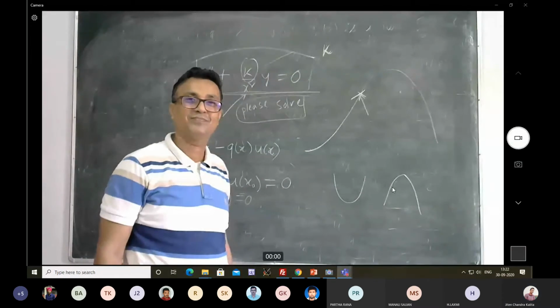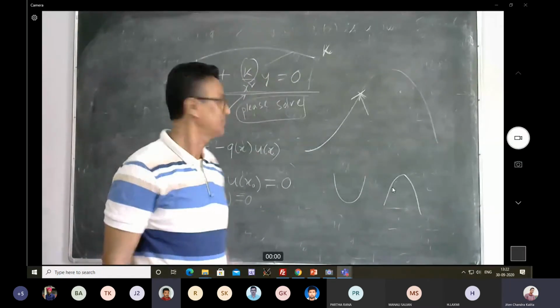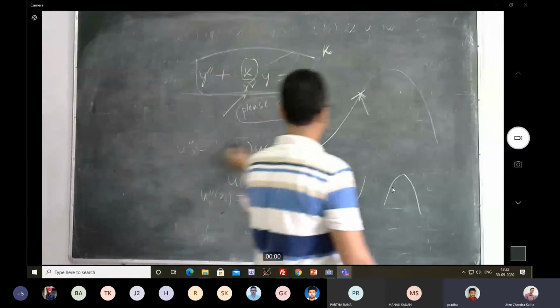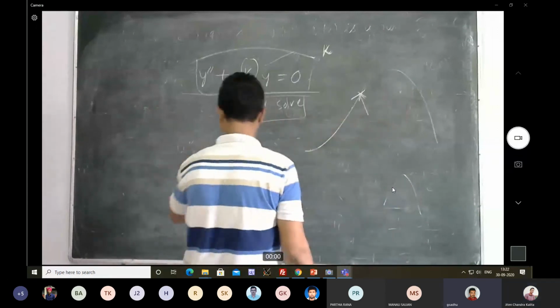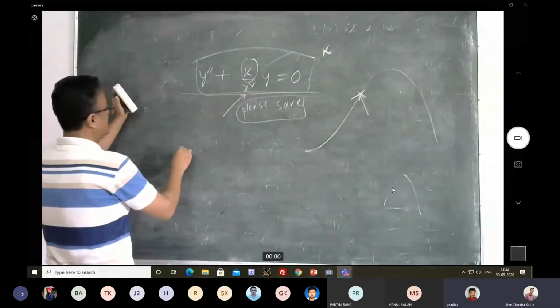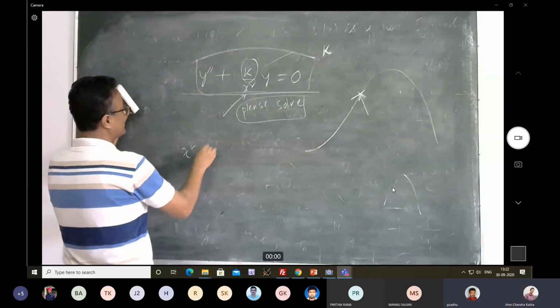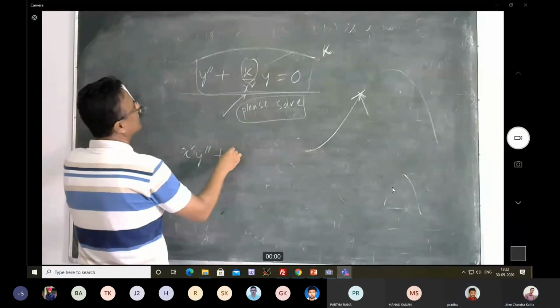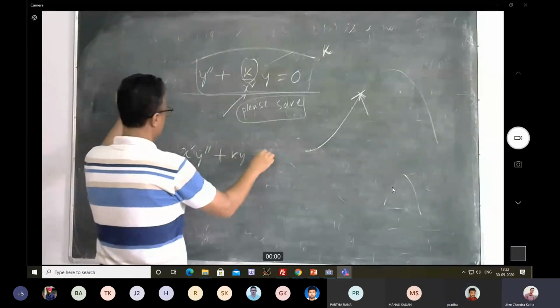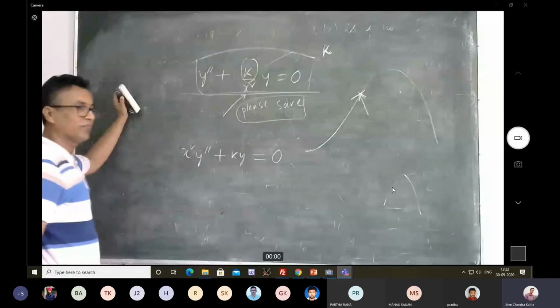So x square multiplied by x square, then put z is equal to log x and convert it, so it is a constant coefficient equation, ky is equal to 0, right?